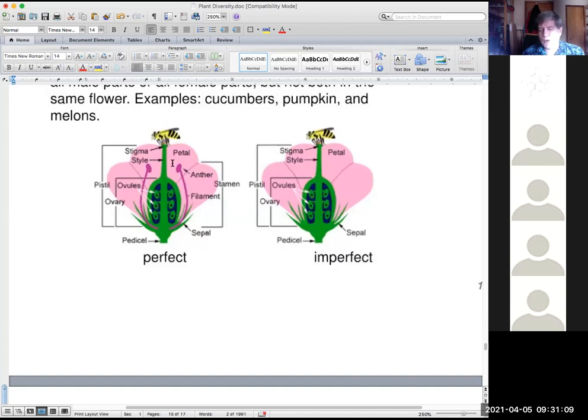So an insect that wants to get nectar, which is basically sugar water, it might have some proteins and some vitamins and minerals in it. We'll talk about that in a moment. But for the insect to get the nectar, it's got to crawl all the way down to the bottom of the flower. And hopefully it drops off some pollen on the way and picks up some more pollen that it will transfer to a different flower.